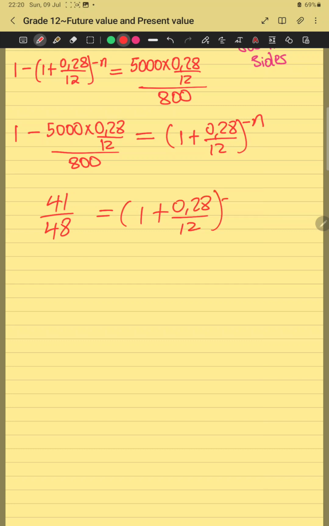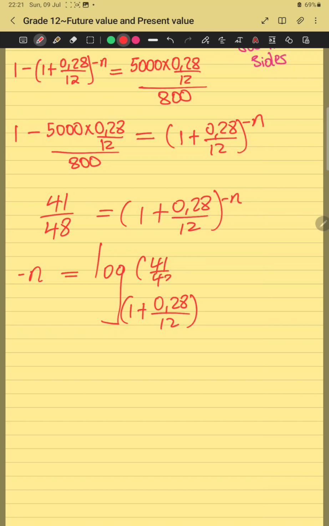We just drop this one as it is, and then from here we can just change it to logarithm form. The one that is in the exponent becomes the subject, and if we say log, the one that is a base will remain as a base, and the subject will become the number, 41 over 48, and we can just work this out from the calculator.